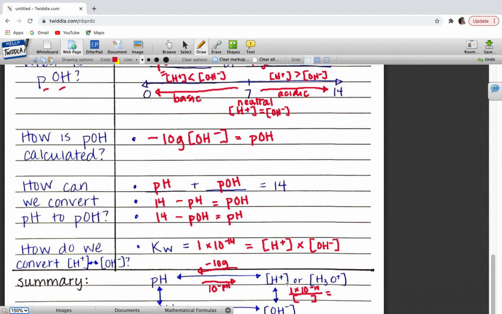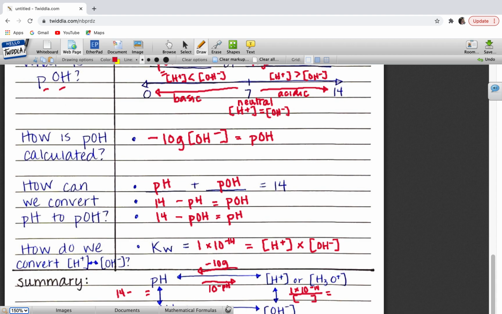To convert between one and the other, I take Kw, divide it by the one I've got, and that flips it around to the other. If I have pH, and down here in this corner it would say pOH, and I want to convert it to pOH or vice versa, I would take 14, subtract the one I know, and that would equal the other.